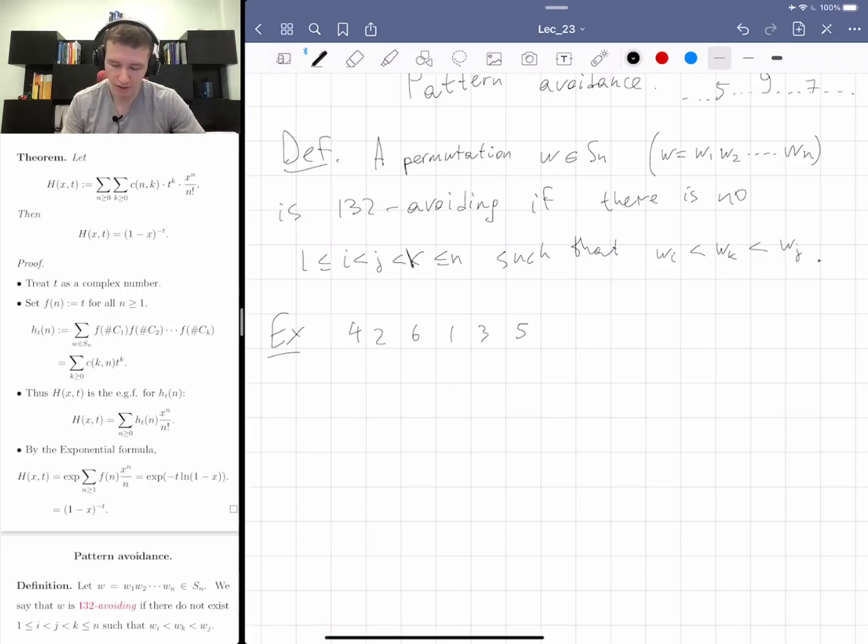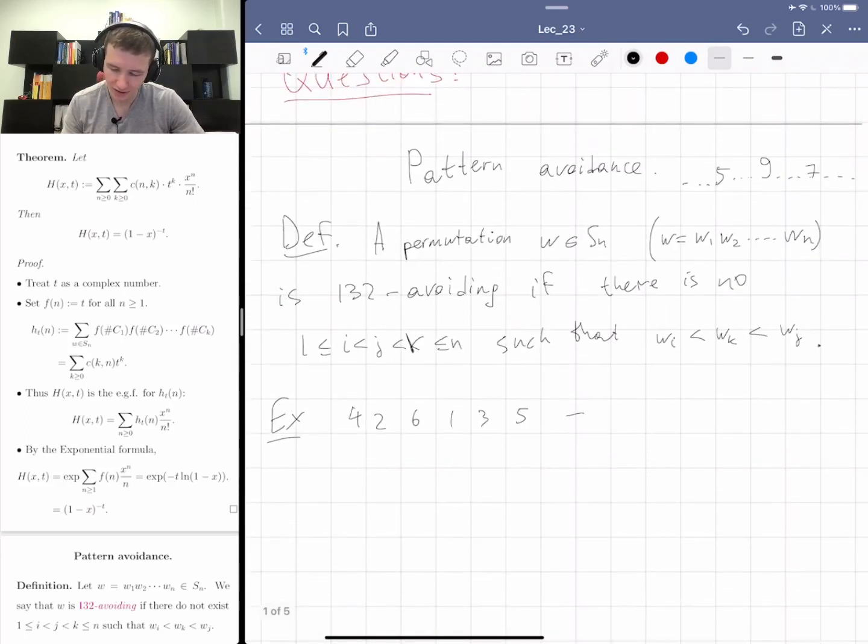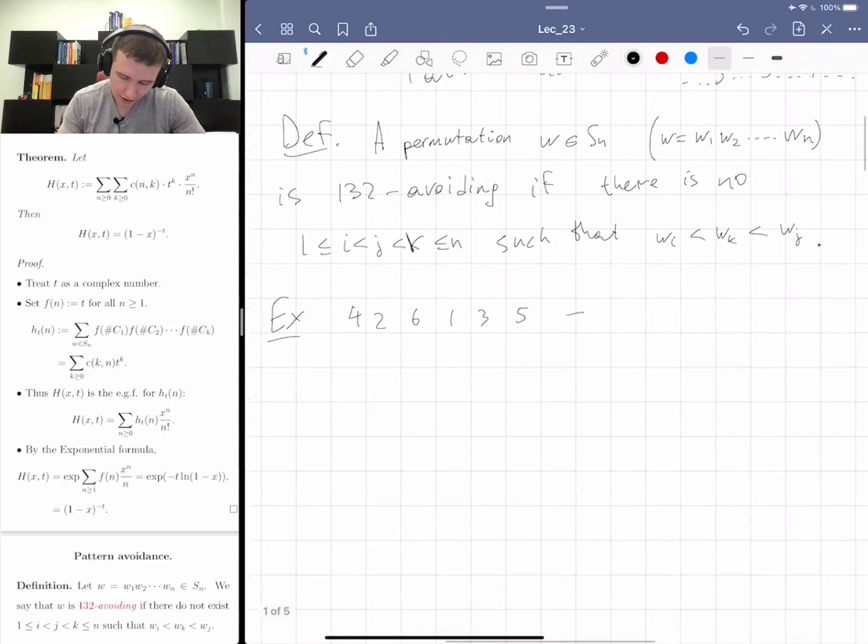Can somebody tell me? Does this mean W is monotone? Well, not quite. If W is, you mean the identity? Oh, no, 2, 6, 3. Yeah, 2, 6, 3: 2 is less than 6, and then 3 is between them.